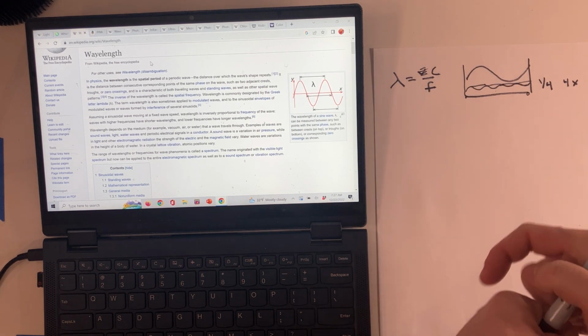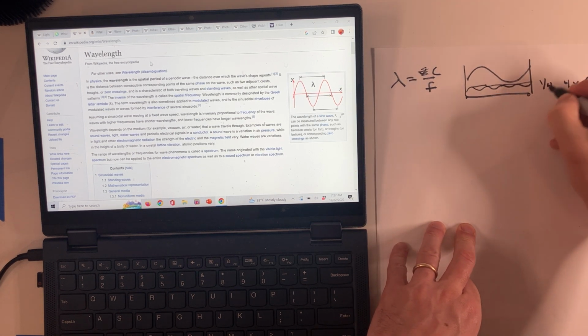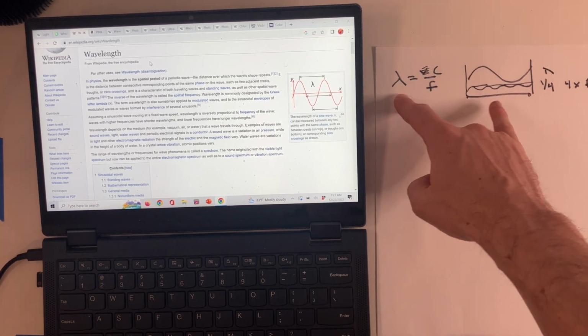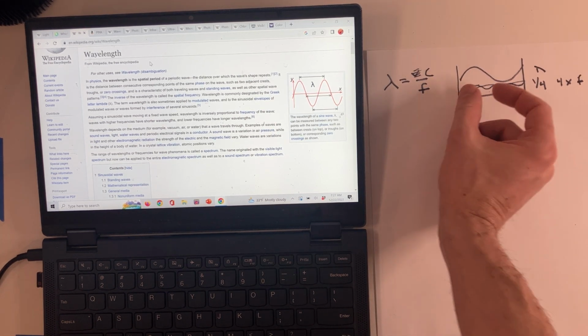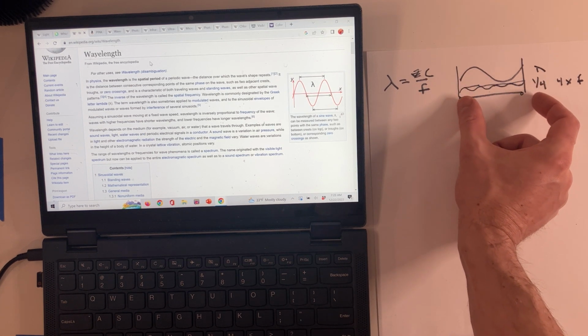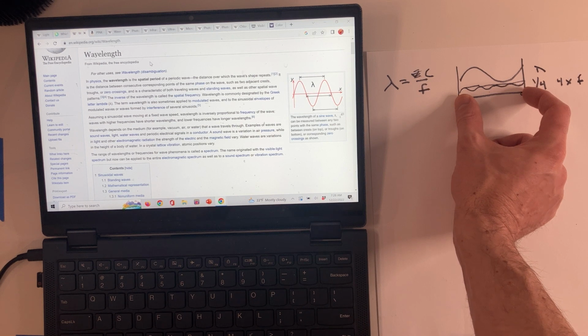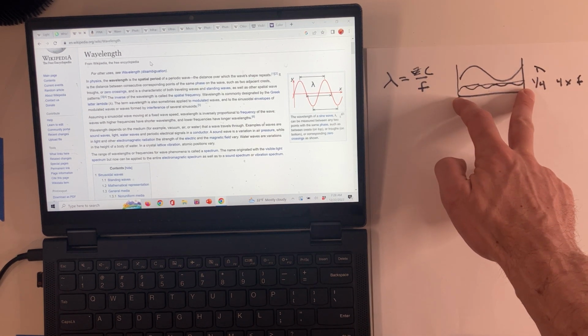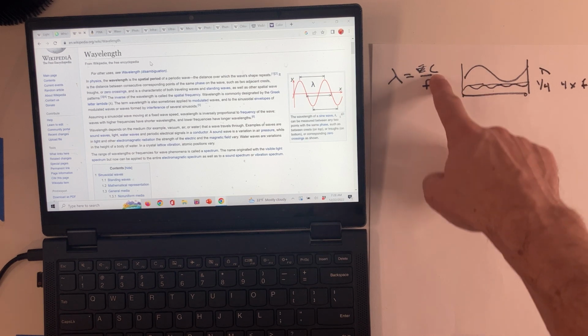And so let's put some letters on here. There we go. So we have 1/4 the lambda, 1/4 the wavelength, because the distance between these crests is shorter than here. But because we're still talking about a light wave, that light wave needs to be able to travel the same distance over the same amount of time, because it has the same speed.